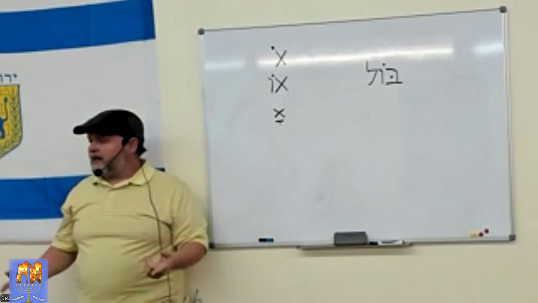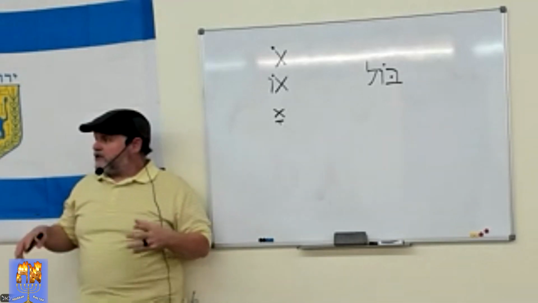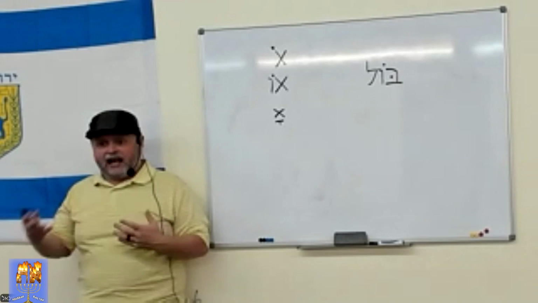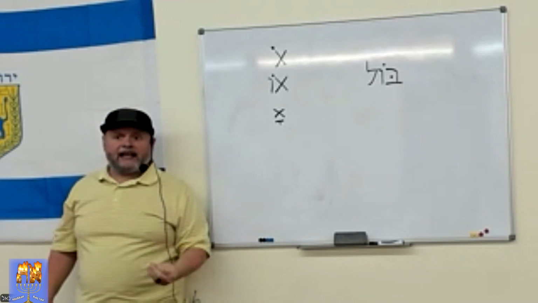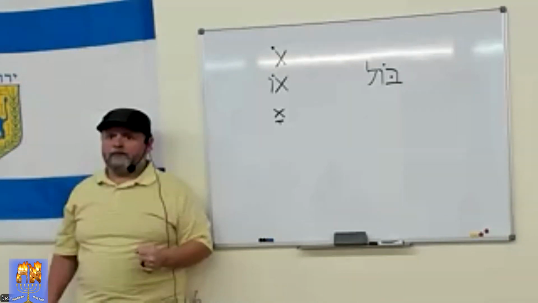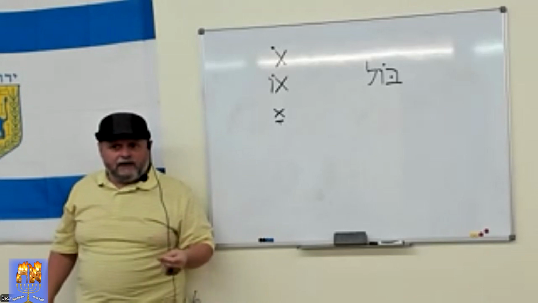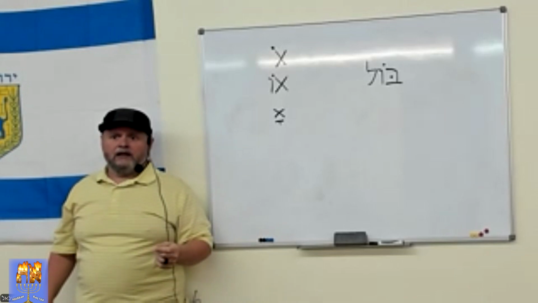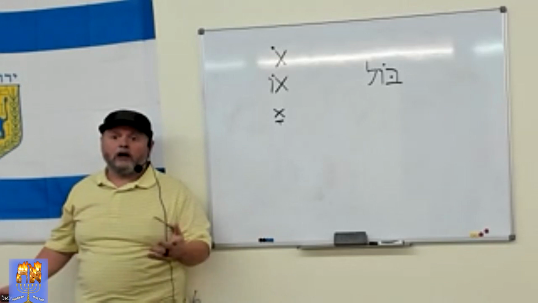If it has a dot in it, the dot is called a dagesh. The word dagesh means to strengthen or to emphasize. So it goes from the soft sound, which would be the V sound, to the strong sound, which would be the B sound. Chaf goes from chaf, soft, to kaf, hard, strong.